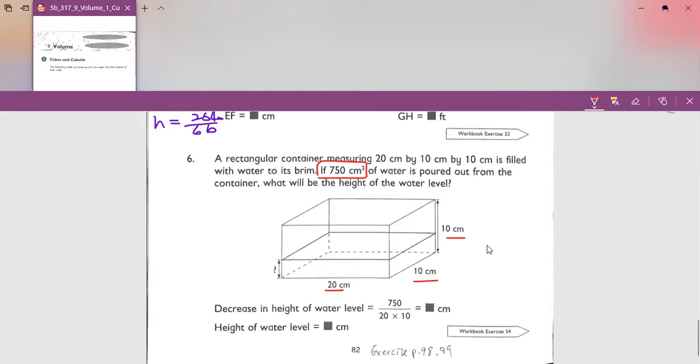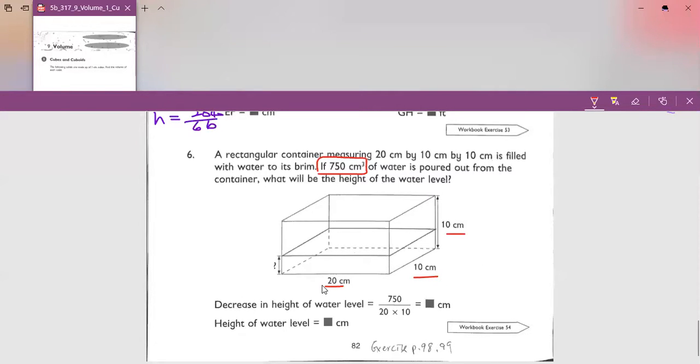So from this diagram, it says the width, right? The length and the height is like this much. And this is the container, okay? And then they tell us the total volume of the water.